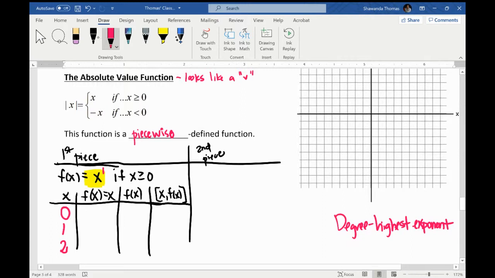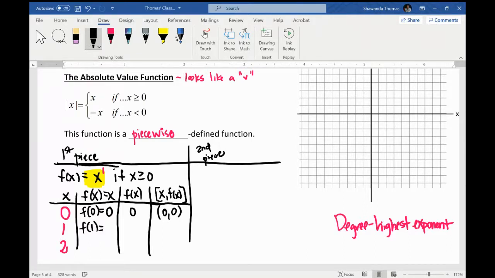All right. If we plug in 0 into this piece, we get 0, don't we? So the point is (0, 0). We plug in 1, we get 1.